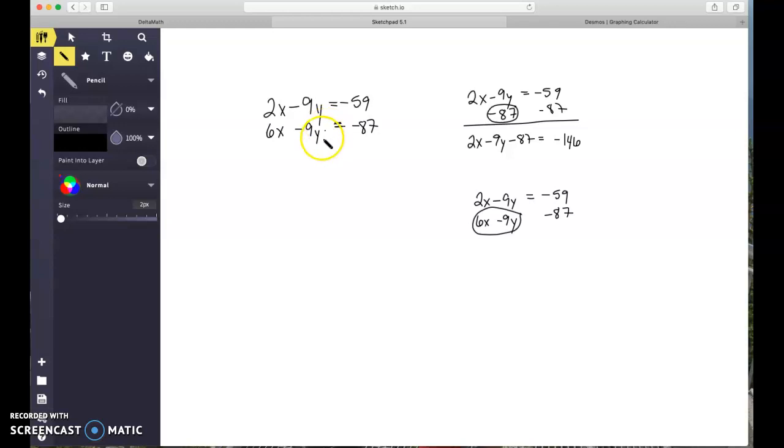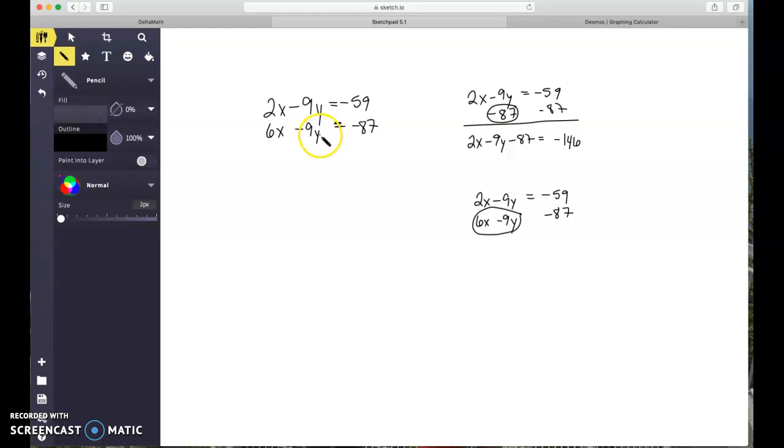Well, so now we want to think, how can I use this strategically, right? Because I want to get rid of or eliminate one of my variables. Well, so here I see this minus 9y in my first equation and this minus 9y in my second equation.